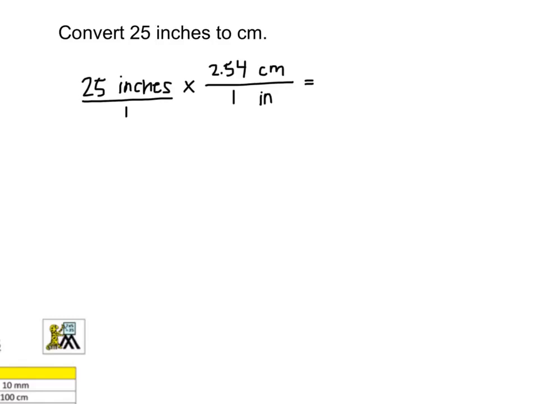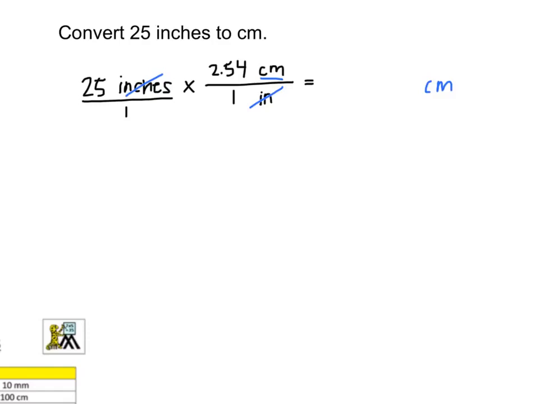And I can do that with common factors. I can also do it with units. So in this case, I'm going to cross off inches because I have inches in both the numerator and the denominator. So notice that that leaves me with only one unit left in the entire problem, and that's the centimeters. And that's what I want to have for my answer. So that's good. So I'm going to put that right over here to the right for my answer right away.